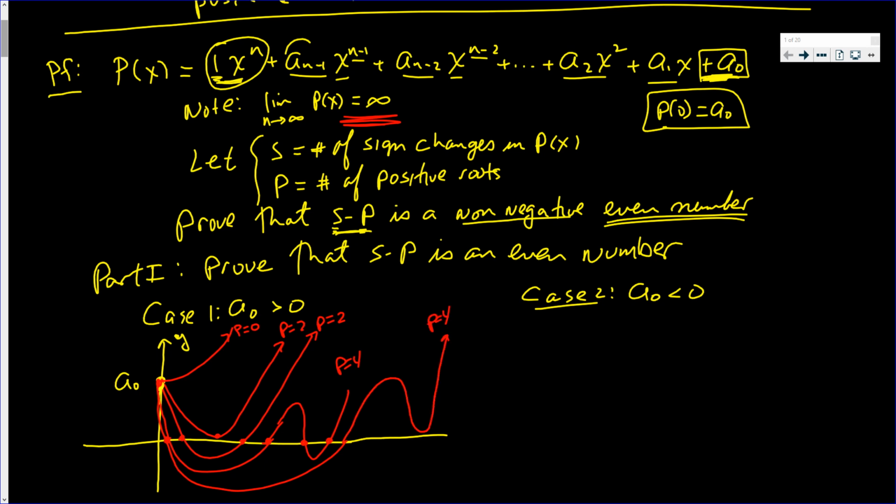So p would be 4. And again, if it came down and back up, it's going to be 2 more. And if it came down again and went up, it's going to be 2 more, as long as it crosses or touches the x-axis. Of course, if it just came down and went up, that doesn't add any.